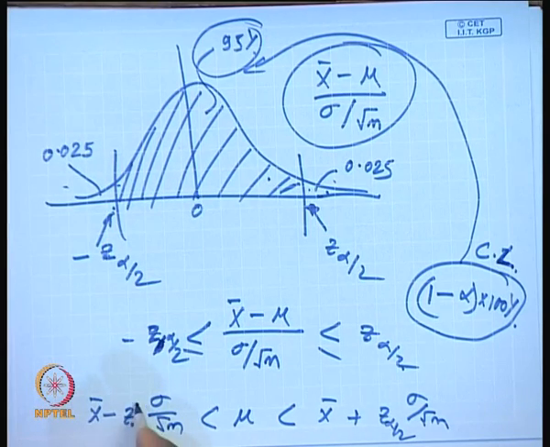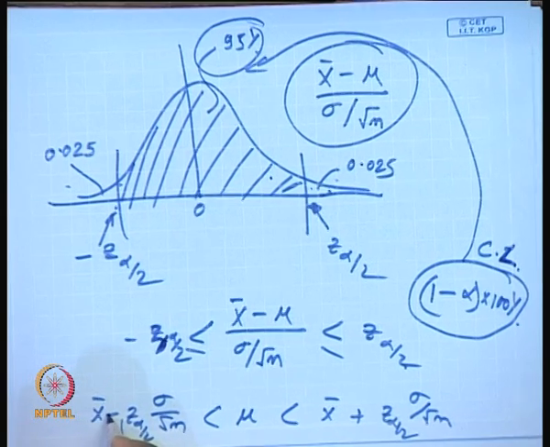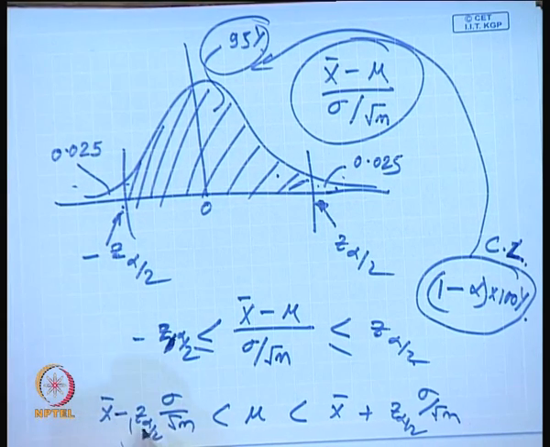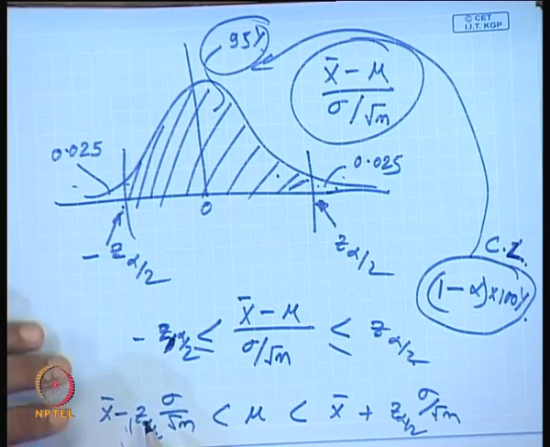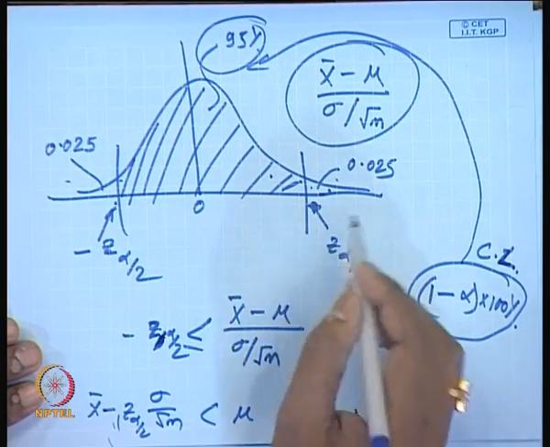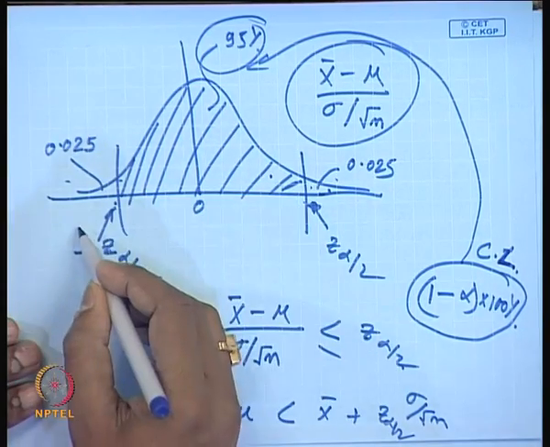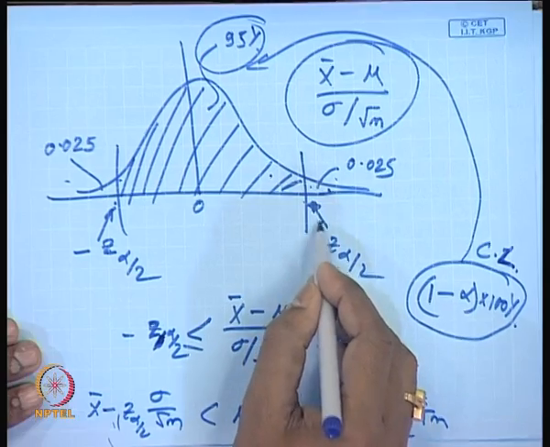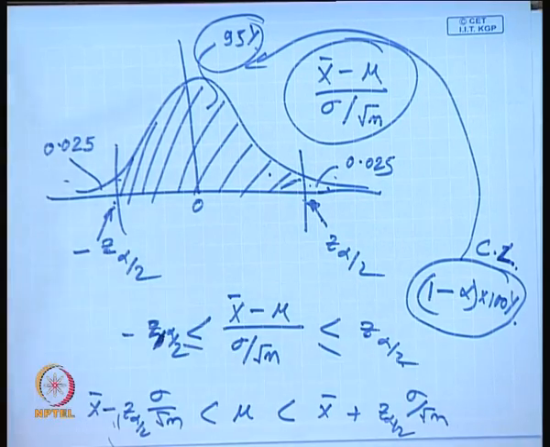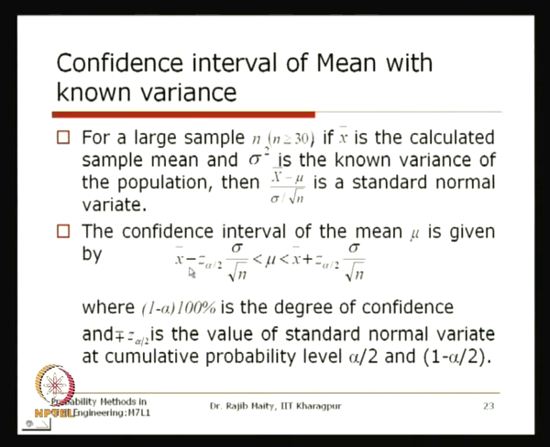So don't confuse it: this has the negative value and this another negative sign, so it will not be the plus. It is a single value that we are using here. From the symmetry, both values will be numerically the same, only one positive and one negative. So this is what is mentioned here: x bar minus z alpha by 2 sigma by square root n less than mu less than x bar plus z alpha by 2 sigma by square root n.